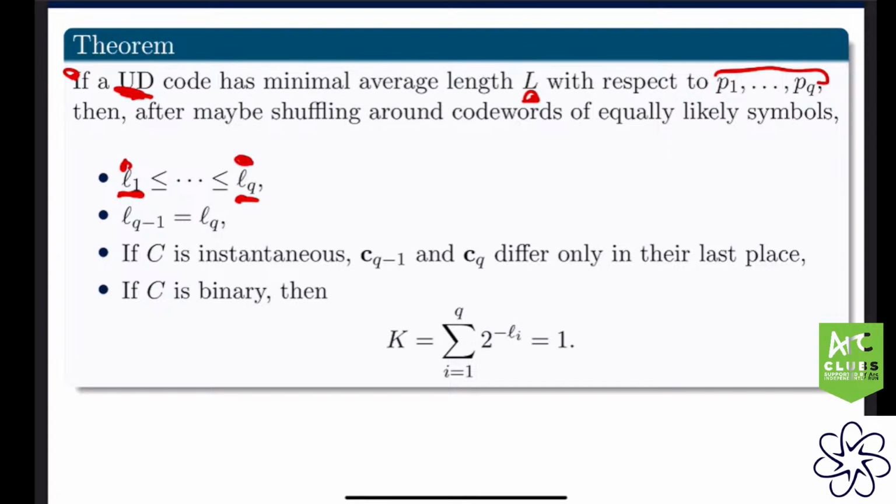That kind of makes sense. We want to pair the largest probability with the shortest code word.